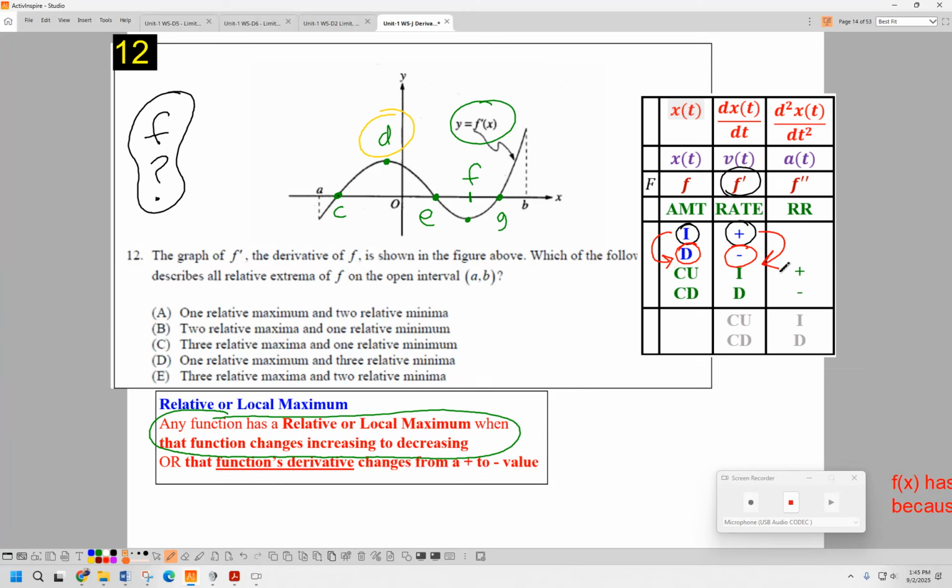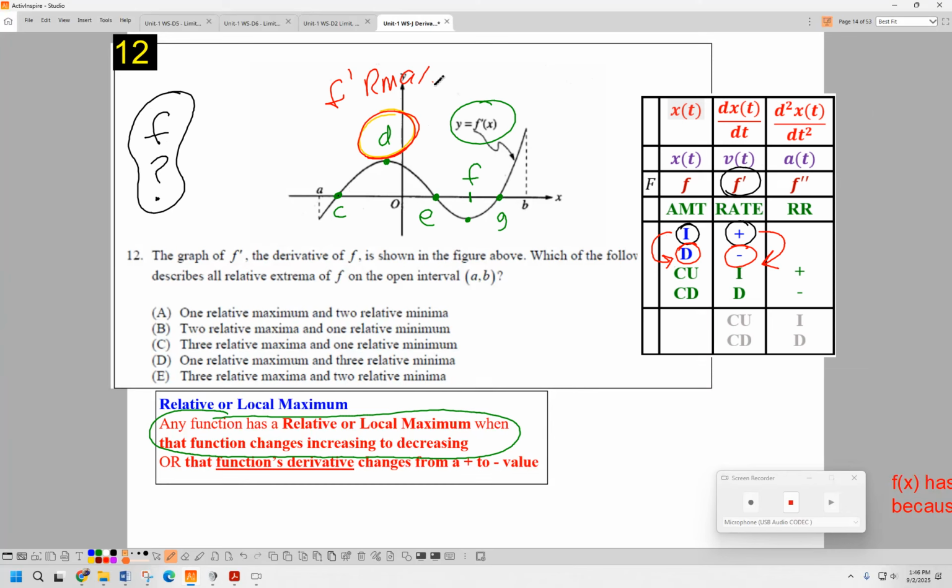So hands up. At what x coordinate does f have a relative max? We know that f prime has a relative max here. That's where f prime has a relative max. At what x will f have a relative max? We're still looking.